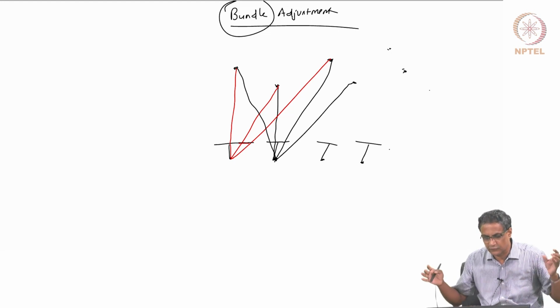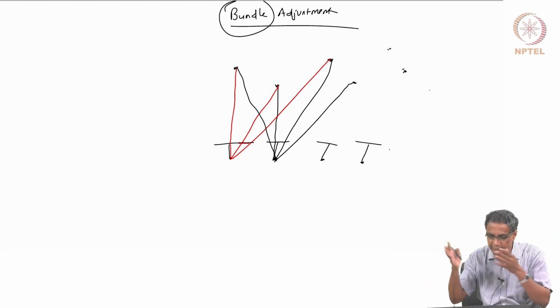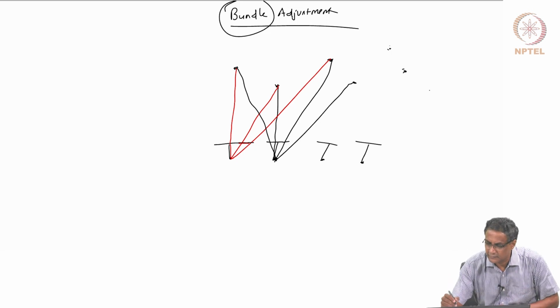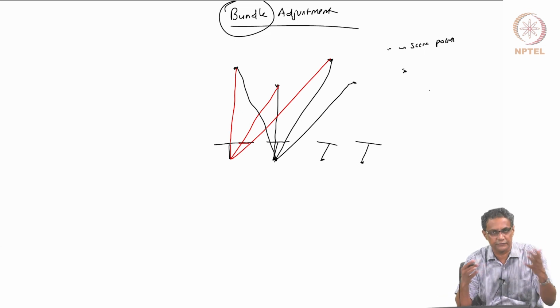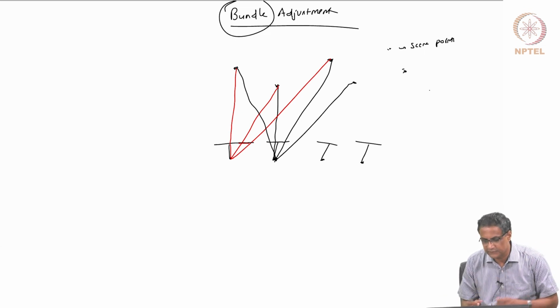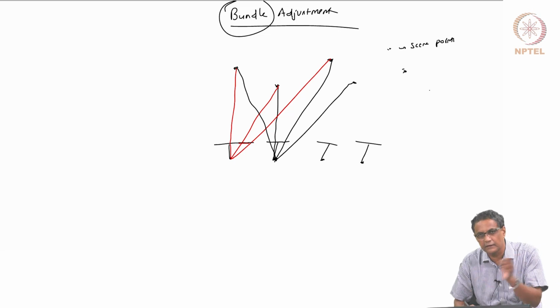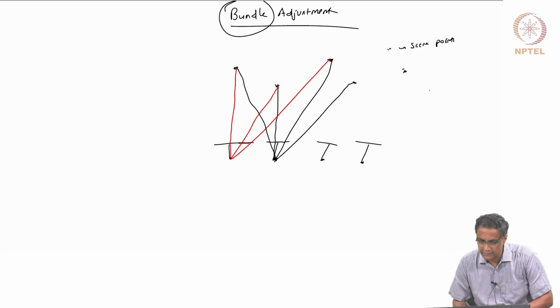So what is happening is, you have your 3D scene, and all these are your scene points, and you have these rays coming out of the scene points, and each one is going and hitting the image plane of whichever camera has it within its view.